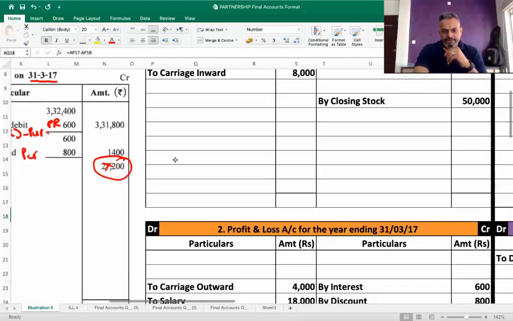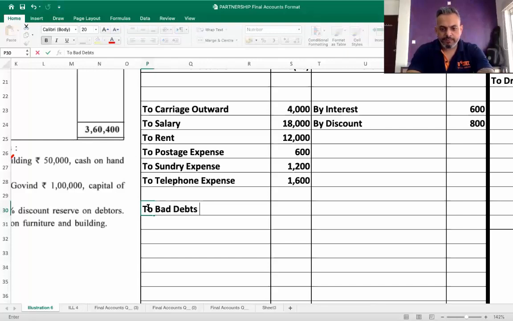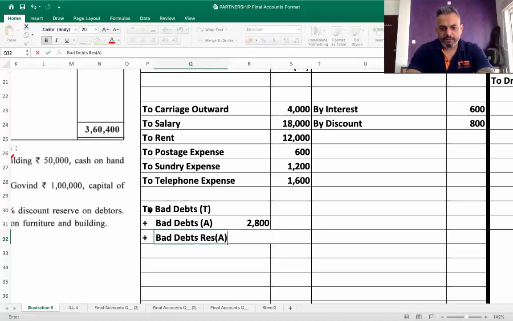Let's give the second effects. Profit and loss account to bad debts as per trial balance. It's not there. Plus bad debts as per adjustment 2,800 and plus bad debt reserve as per adjustment 7,200.